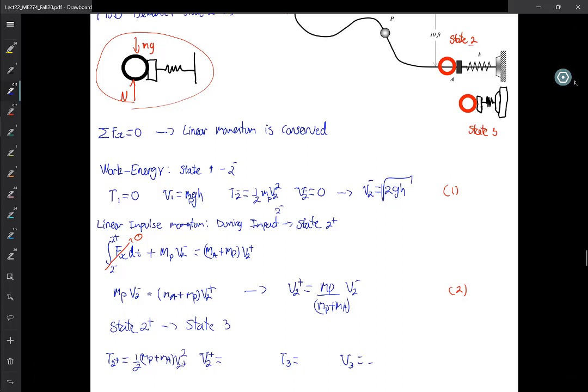The potential energy in state 2 plus is still 0, because we have touched the block, but we have not started compressing. So there is no energy stored in the spring. And then in state 3 is where maximum compression happens. So remember, that means that we have no more kinetic energy. All the kinetic energy became potential energy, and all that potential energy is over here on the spring.